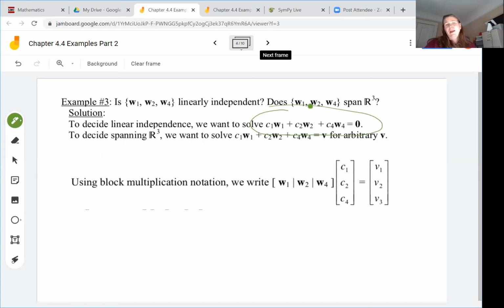And to decide spanning, we're going to set the equation equal to an arbitrary vector V. So again, using block multiplication, we'll say W1, W2, W4 are the blocks or the columns, because we're representing the vectors as column matrices in this coefficient matrix, times C1, C2, C4 equals V1, V2, V3, an arbitrary vector.